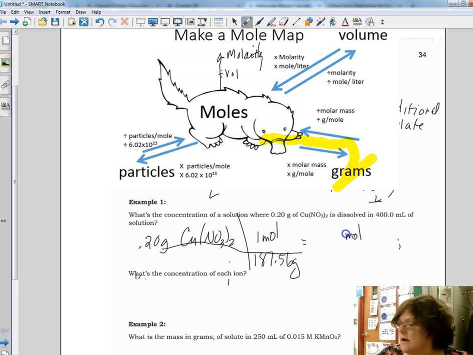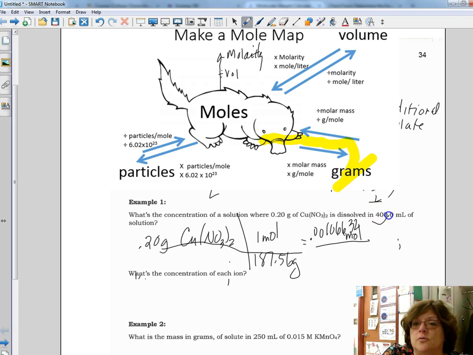If I do the math, I get 0.001066. I'm going to put lots of values in there because you'll see in a moment. We're not worried about sig digs yet. That's our number of moles. How do we calculate molarity? We take moles divided by volume. We're given volume in milliliters.